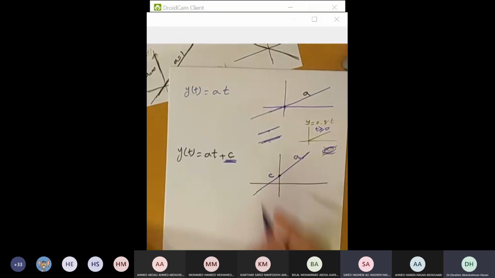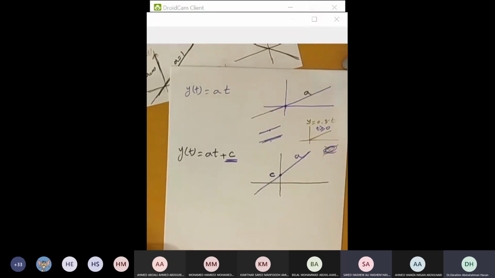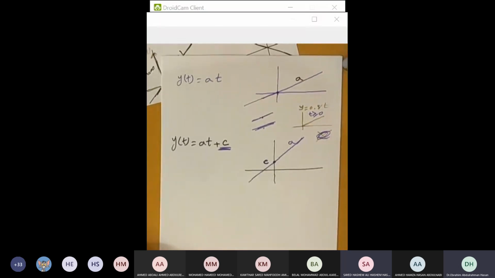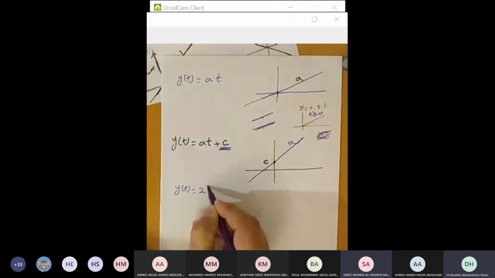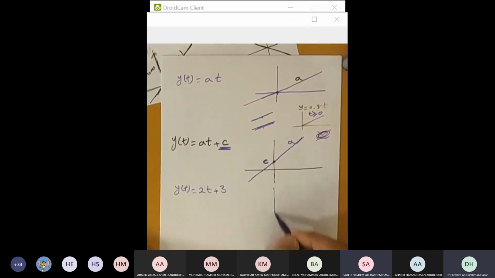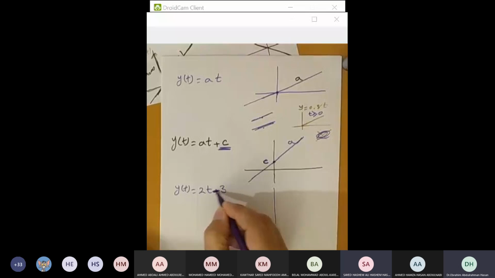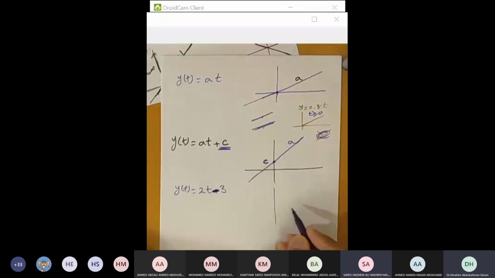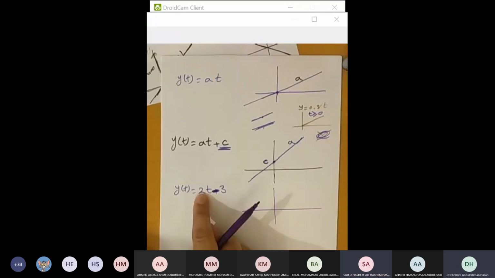This one we call the y-intercept. Which means that if I have the equation y of t equal to 2t minus 3, then the slope equal to 2.